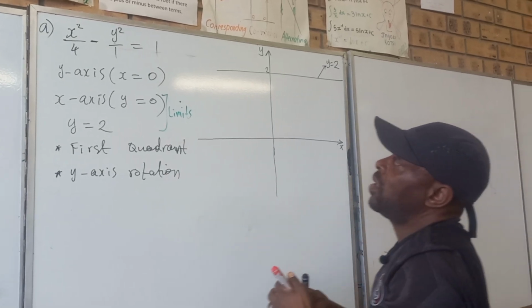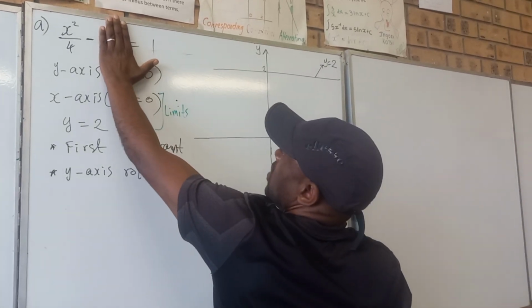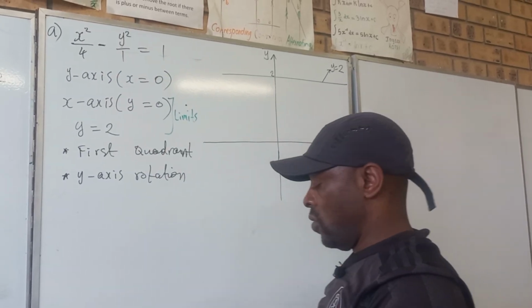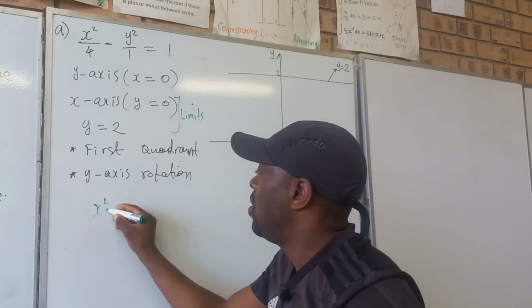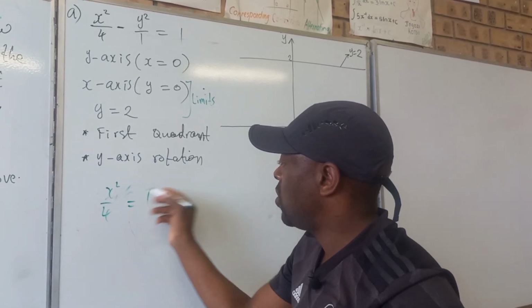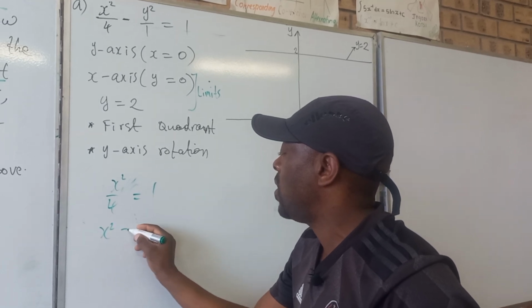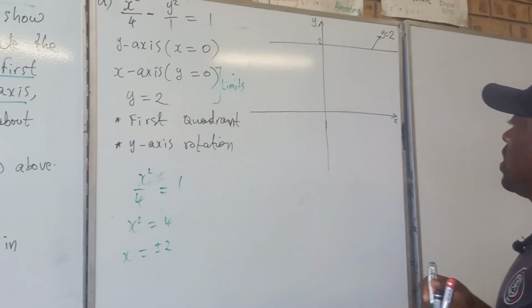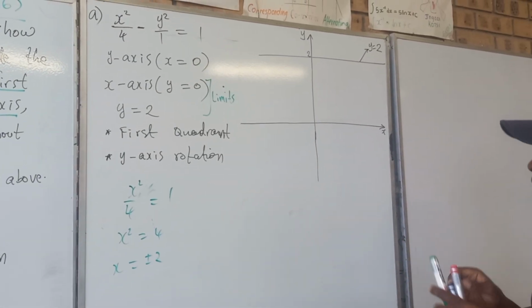But if I were to make y 0, we'll get x squared over 4 equal to 1. So if I multiply both sides by 4, I'll get x squared equal to 4, and therefore x is plus or minus 2, telling me that that graph touches the x-axis at 2 and at negative 2.